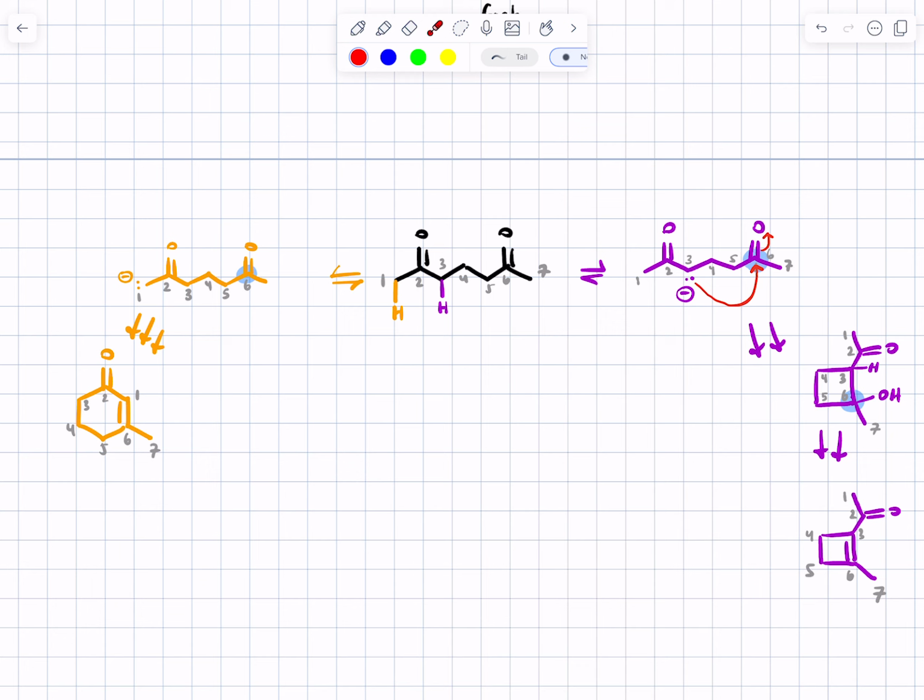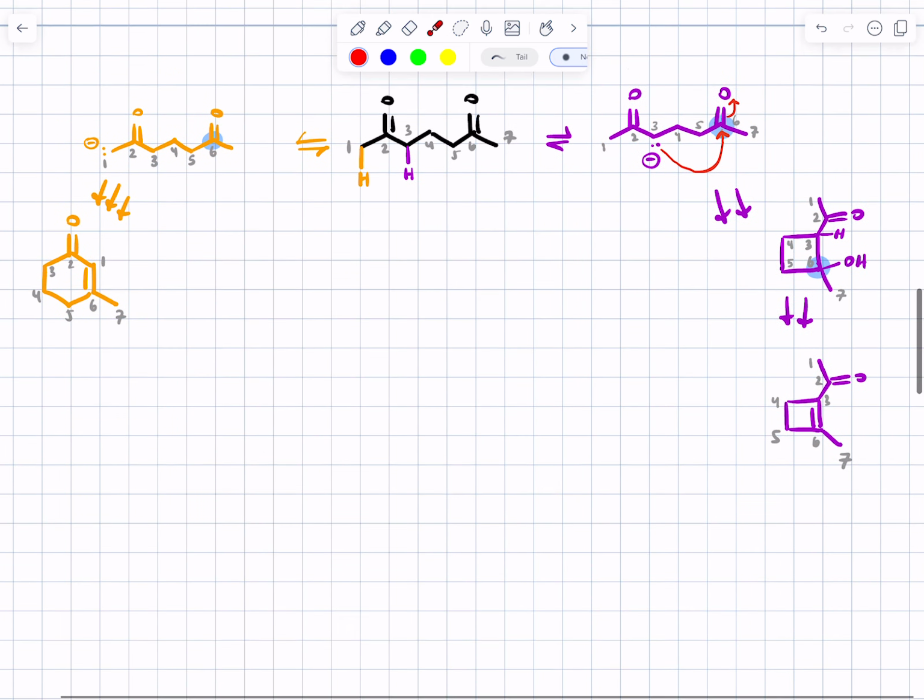Orange. Nevertheless, which is the major product, purple or orange? You're not sure what to say, are you? Because the major enolate is the more substituted one, but what problems do you see for the purple product relative to the orange product? Steric hindrance, right?